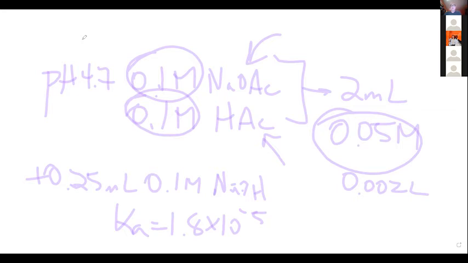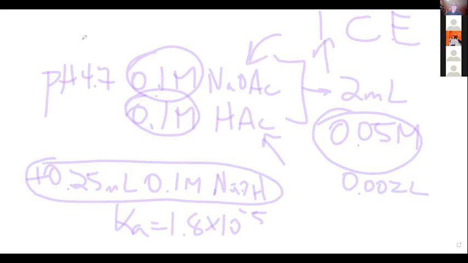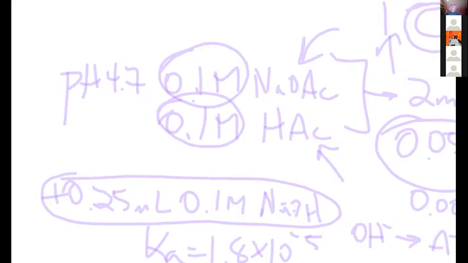They'll be the same. And that goes to your ICE table. That's the initial amount. Then the change will be, figure out how many moles of hydroxide that is. That is going to increase the number of moles of A minus and decrease the number of moles of HA. That's your change. So then at equilibrium, you will have less.